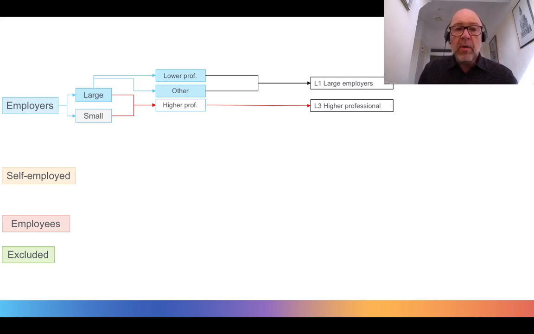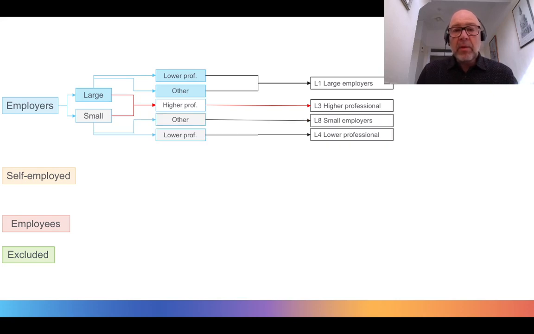So for lower professionals, being an employer in a large establishment takes precedence over the lower professional occupations. I'll get into the differences between higher and lower professional occupations when we get to employees.